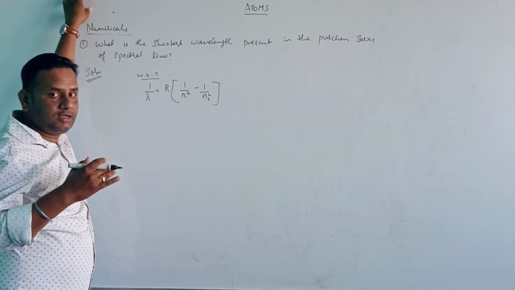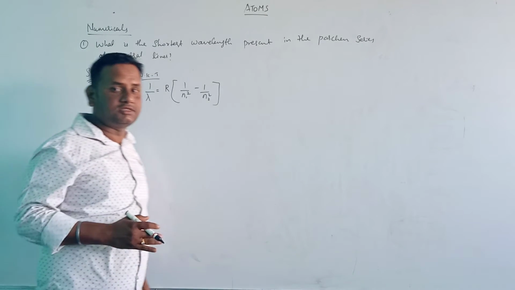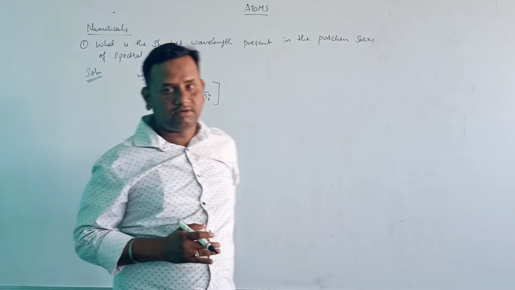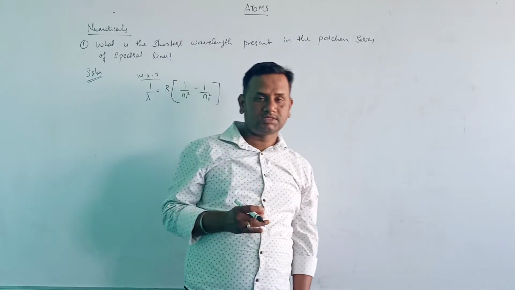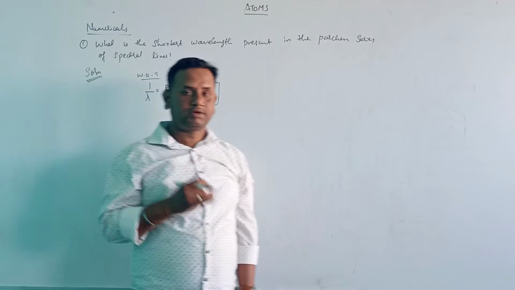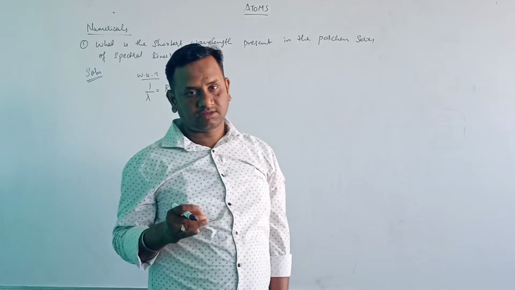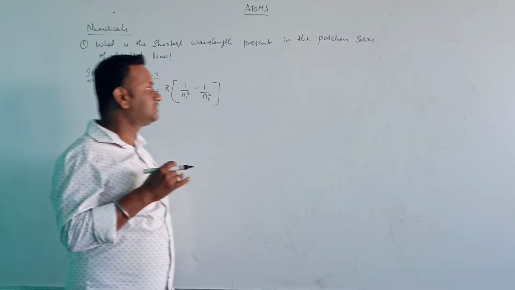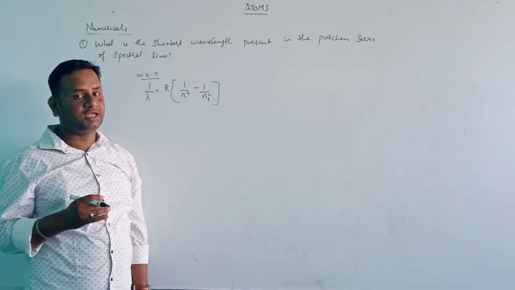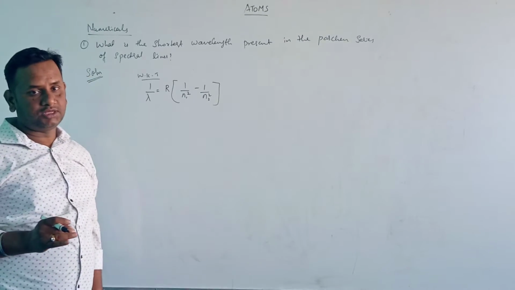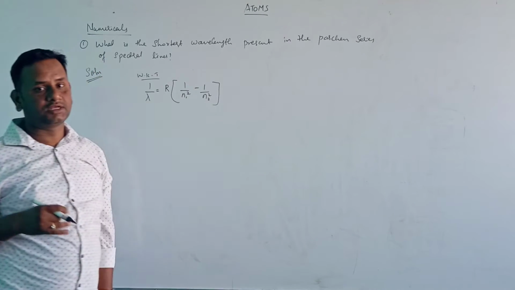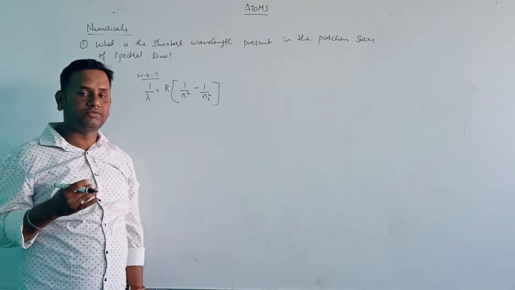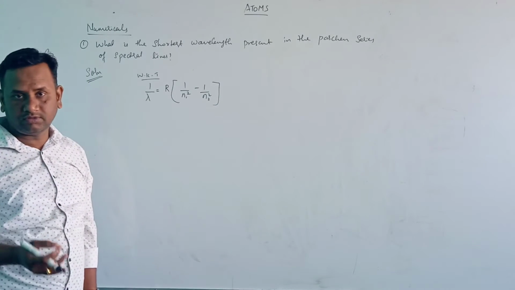We have discussed the different types of spectral series like Lyman series, Balmer series, Paschen series, Brackett series, Pfund series. There I explained what type of n1 value and what type of n2 value you have to take.